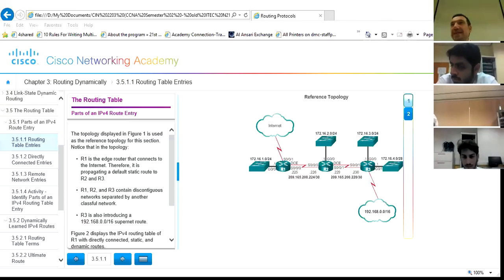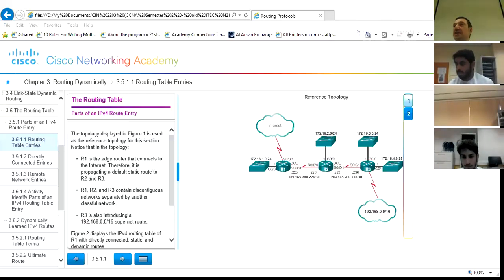But what if this assumption is wrong? What if, for example, look at R3 here. When R3 sends an update to R2, the network actually is /28, not /24.